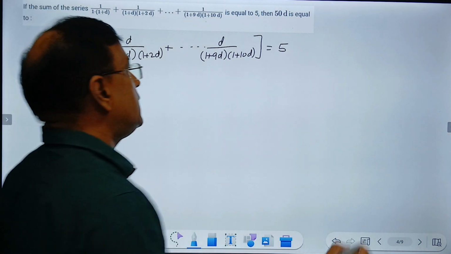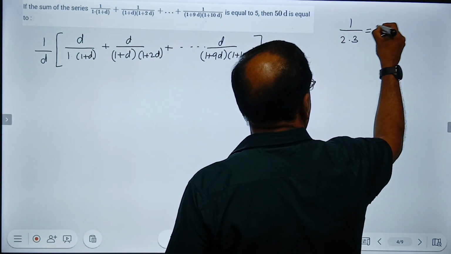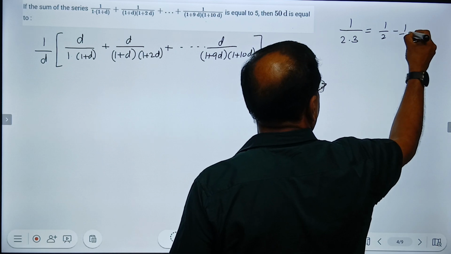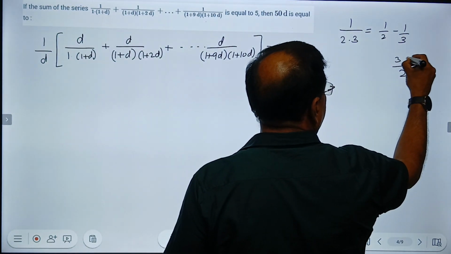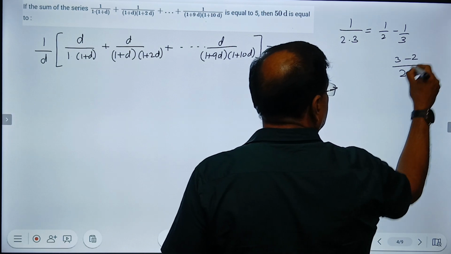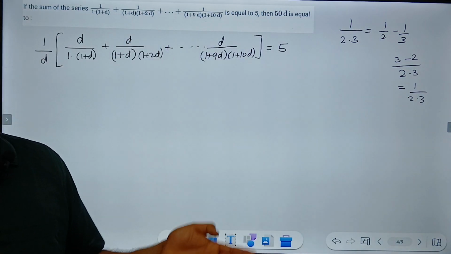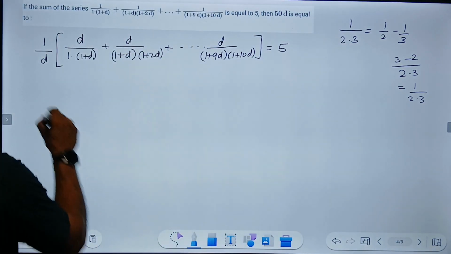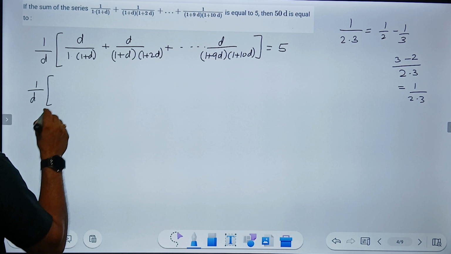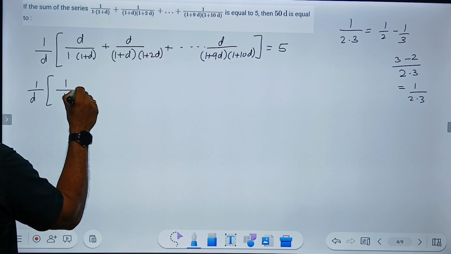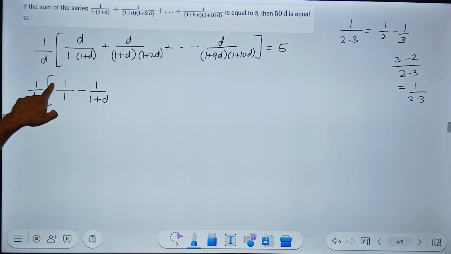Okay. Let us take an example. So for example, if I want to write 1 by 2 into 3, I can always write it as 1 by 2 minus 1 by 3. Correct? If we take LCM, the LCM is 2 into 3. So I get 3 minus 2, which is 1, so it is 1 by 2 into 3. So 1 by 2 into 3 can be written as 1 by 2 minus 1 by 3. The same way, I can write this as 1 by 1 minus 1 by 1 plus D. See, if you take LCM, what happens?